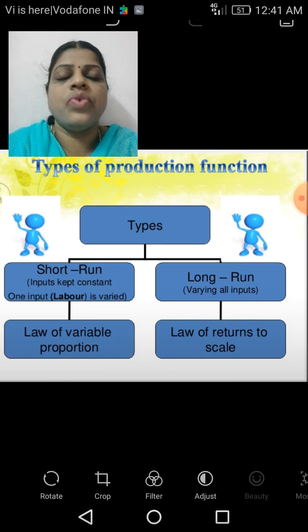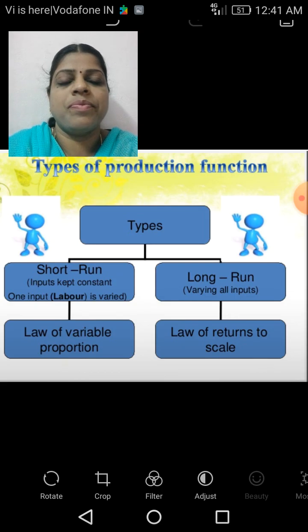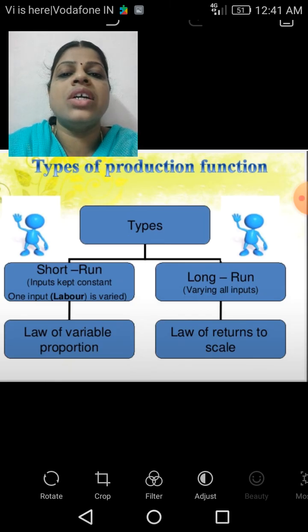So it ranges from 6 months to 1 year. And it is also known as the law of variable proportions. And the long run period, we can call it the laws of returns to scale.